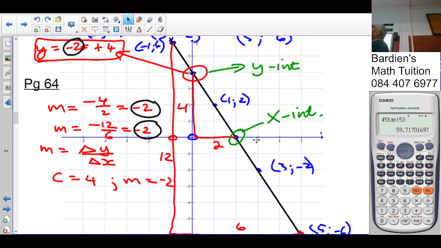Your x-intercept is where the graph cuts your x-axis, and your y-intercept is where the graph cuts the y-axis. And there you can see there's y and there's x. Yes? Y-intercept.